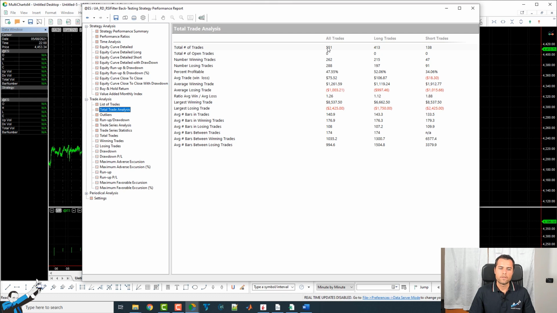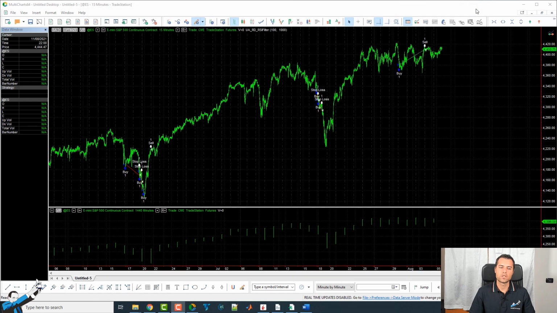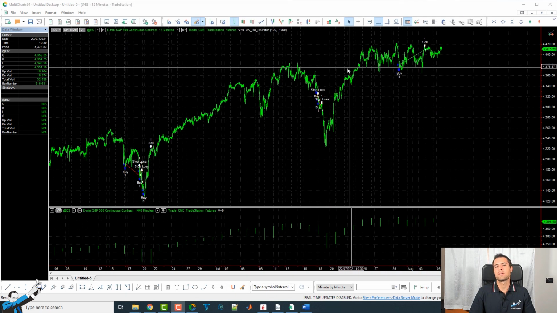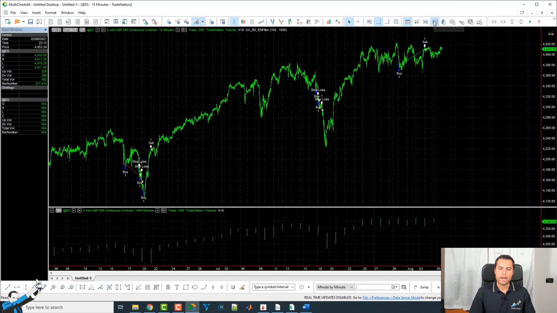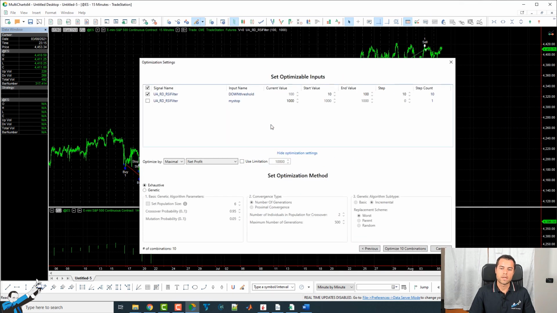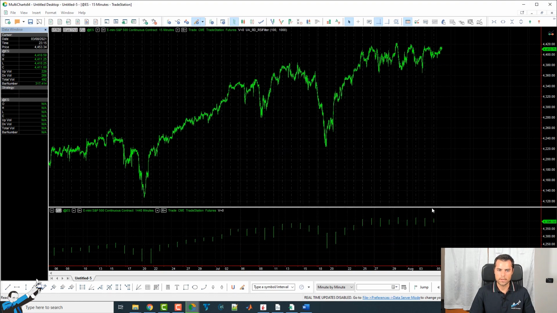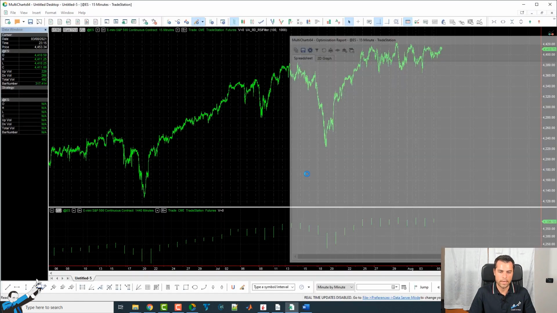Let's now see if there is a down threshold value that could help us filter the entries of the strategy to somehow improve its backtest performance. We can run a regular multi-chart optimization for the down threshold input from 10 to 90 with steps of 10.